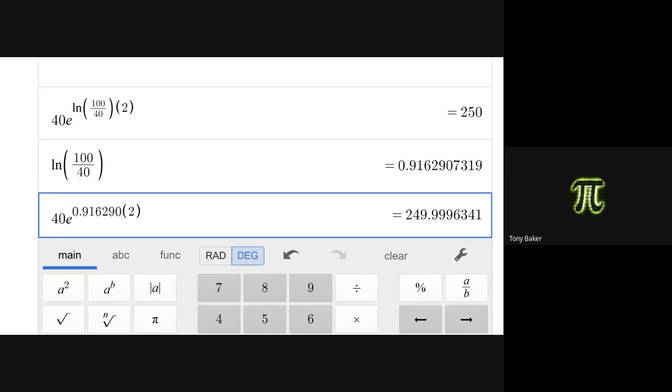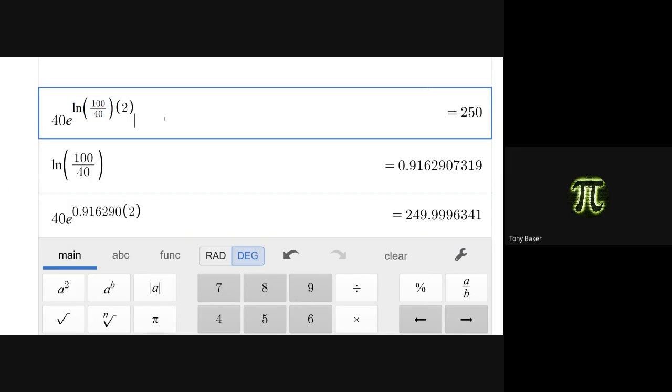But if you put in the exact ln of 100 over 40, you get 250. So, especially where it says use exact values in your answers, not decimal approximations, that's what that means. Don't round when you're doing these. Otherwise, sometimes you get a number that's not exactly right. So the answer to this one is 250.